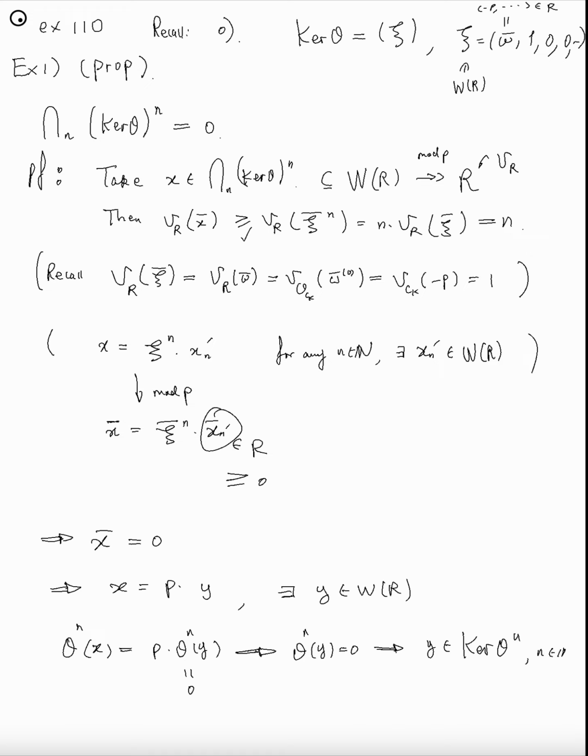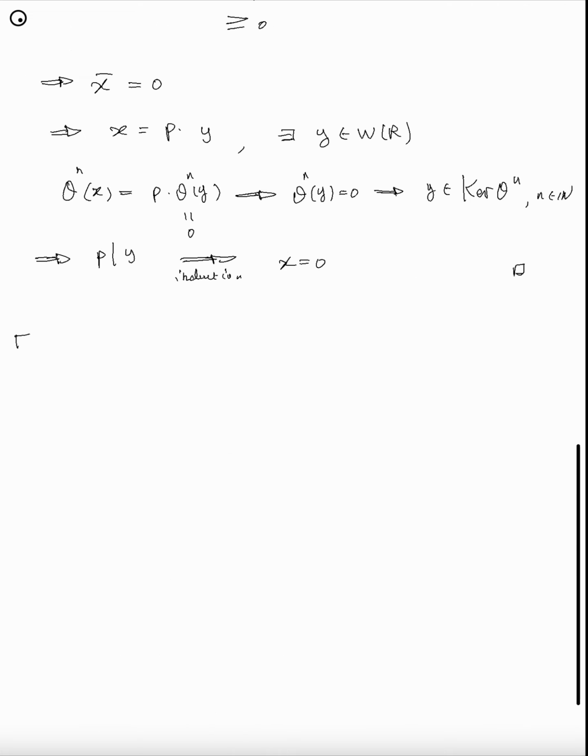And then, as you could imagine, just by iteration, it tells you that x is divisible by whatever p power, so x is 0. Induction or iteration.